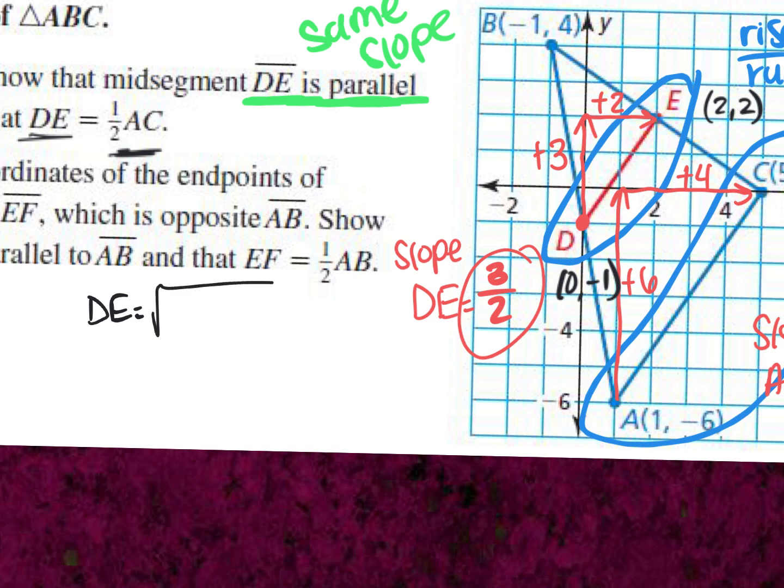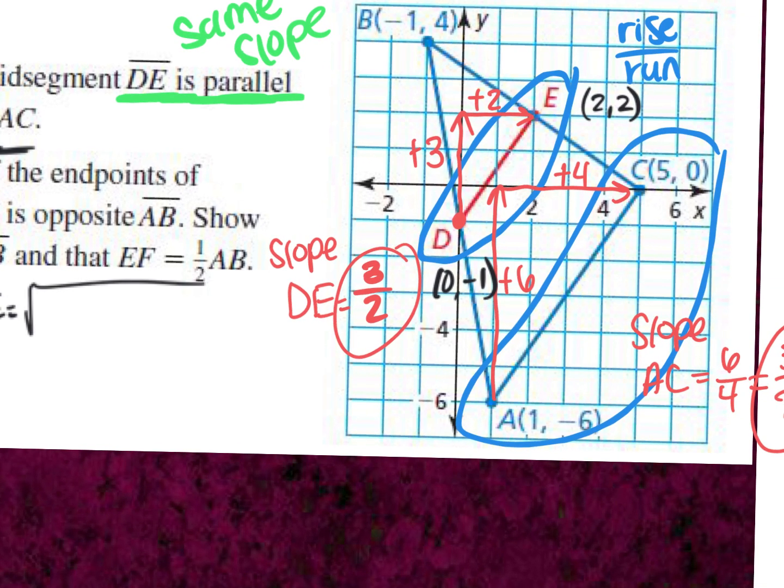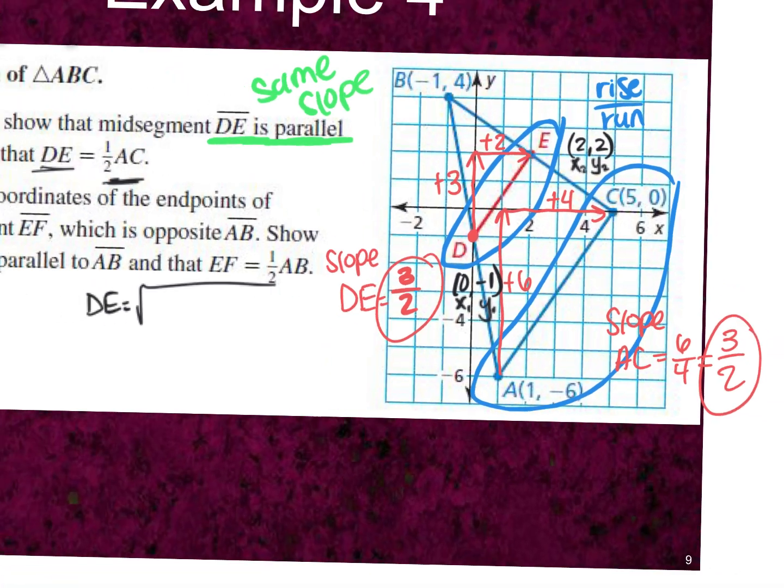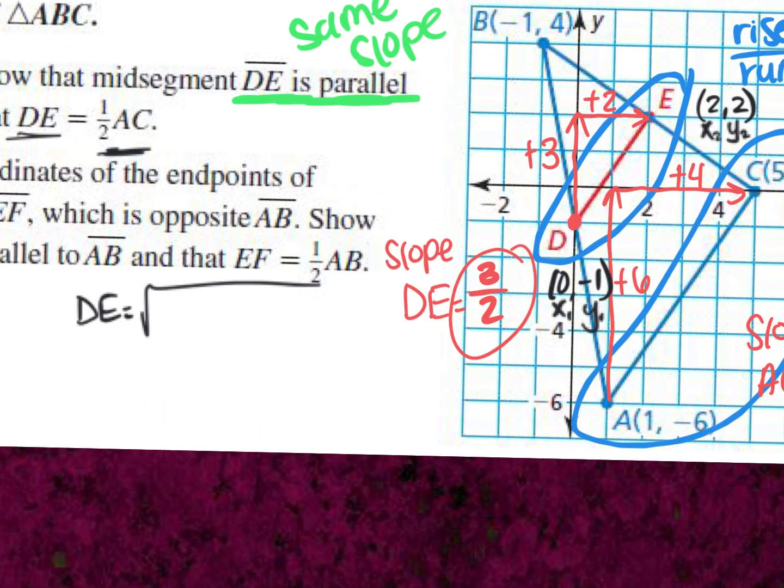So we're going to use the square root of the x2 value, which let's just go ahead and label. It'll be x2 and y2 over here, and we'll make x1 and y1 over here, the D. D will be x1 and y1, and E will be x2 and y2. We're going to take the x2 value, which is 2, subtract the x1 value, which is 0, and then we're squaring it.